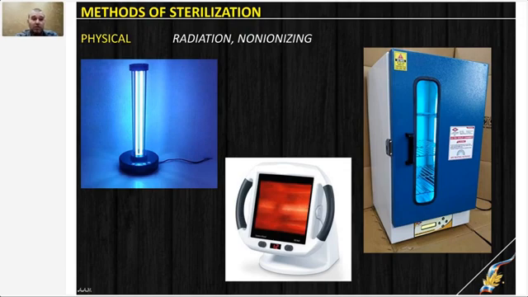Of course, that method is one of the most popular for sterilization of surfaces. We can put the lamp as is shown in the left picture. It is a lamp which can be put on the surface of the table, on the floor. We're using those lamps in laboratories to sterilize the whole room. And a similar principle, the UV lamp, the photo of that lamp is provided in the center of the slide.